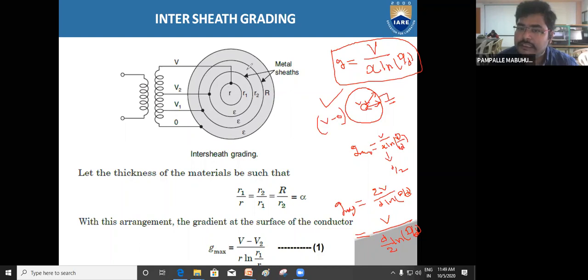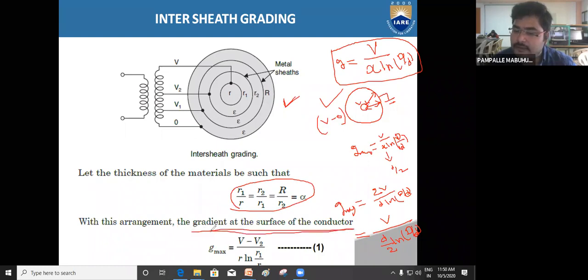Okay, so in intersheath grading, suppose you take this arrangement, so if you write the gradient at the surface of the conductor, you are going to consider the surface of the conductor at V and the first layer, the first metallic sheath. So here you will be having a voltage V, and at this place you are having voltage V2.